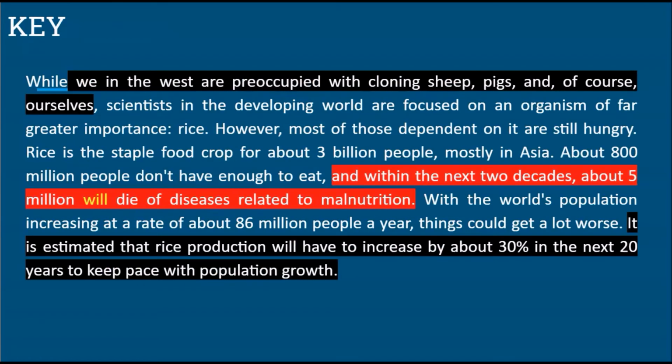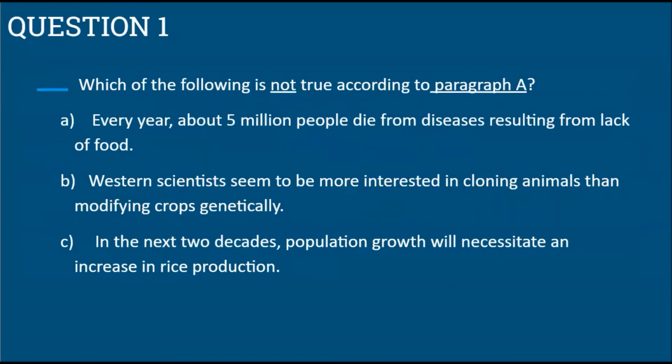And again, going back to the paragraph, we see that it is estimated that rice production will have to increase by about 30% in the next 20 years to keep pace with population growth. In parallel to what's said in the paragraph, choice C repeats the same information.